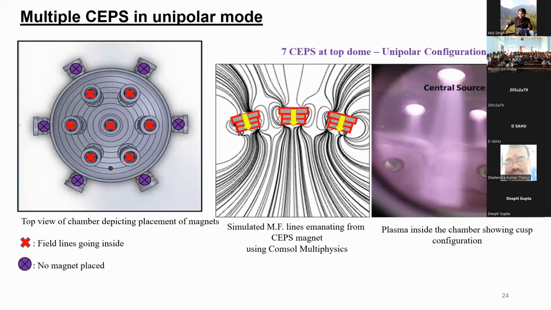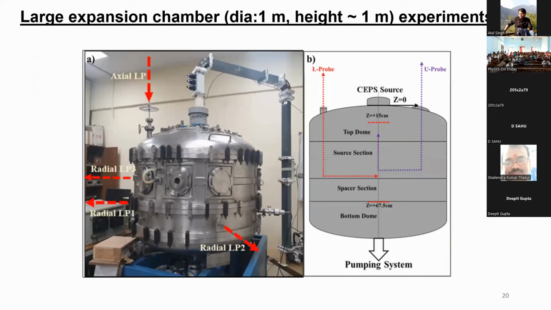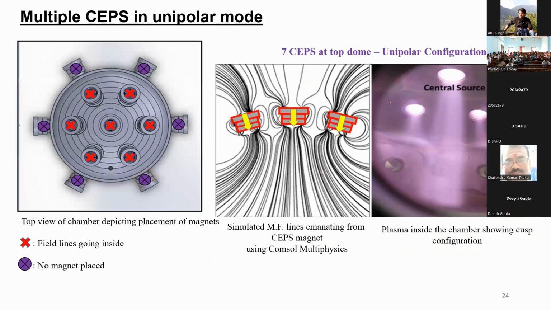Okay, so this is some of the other experiments we have done, because you have to give high power there. We have a provision: there are many ports, and here a source is fitted, and you can fit many other sources. By fitting sources you can distribute the power, and therefore you can make many plasma beams which come down and produce a uniform plasma.